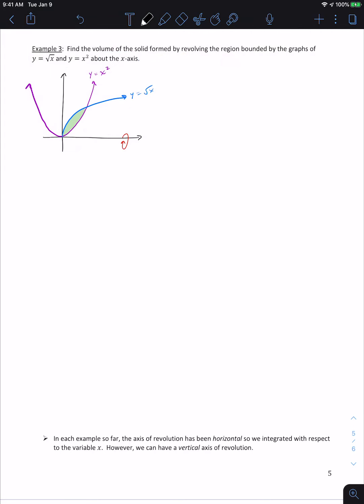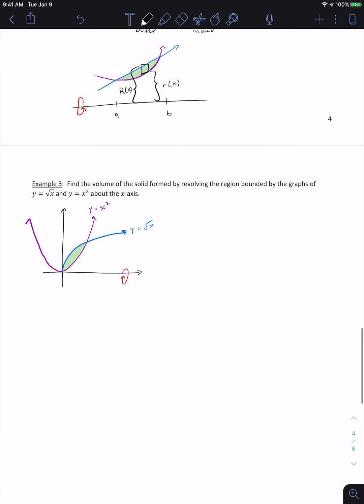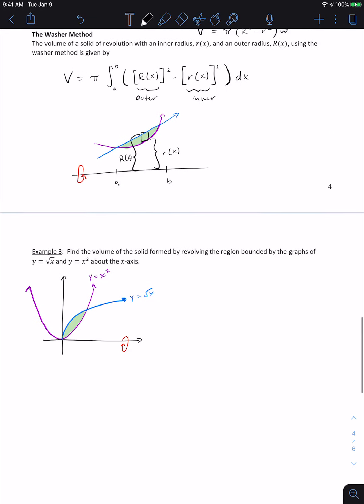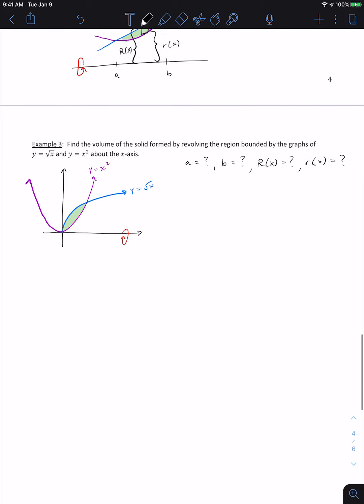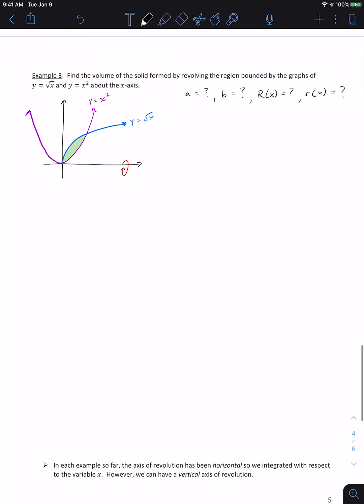So what we want to do is, once again, for this formula, what do we need? We need to find A, we need to find B, we need to find big R of x, and we need to find little r of x. So let's go ahead and find big R of x and little r of x.